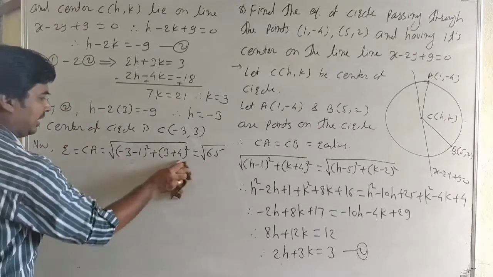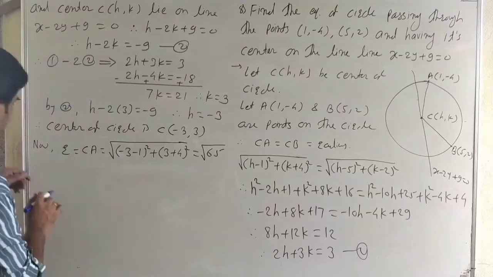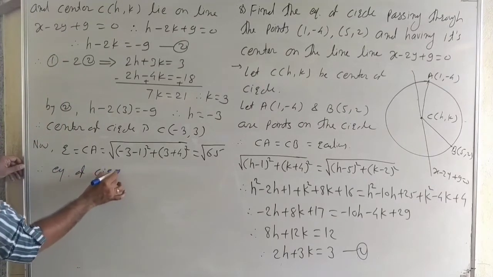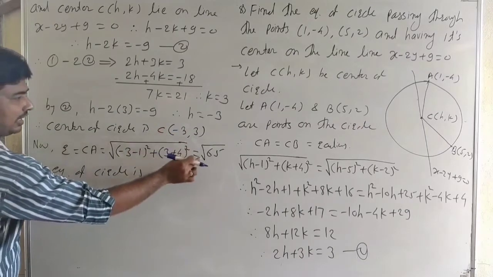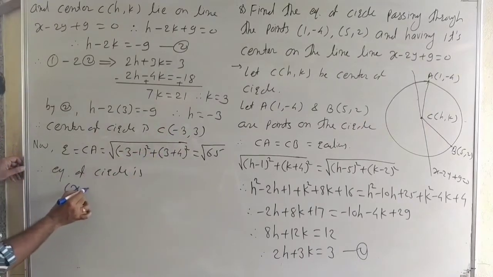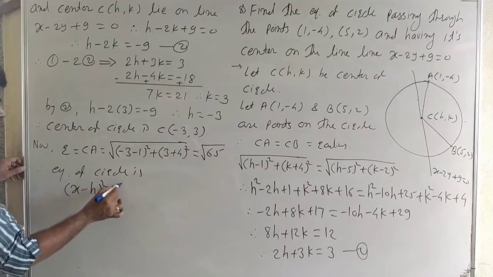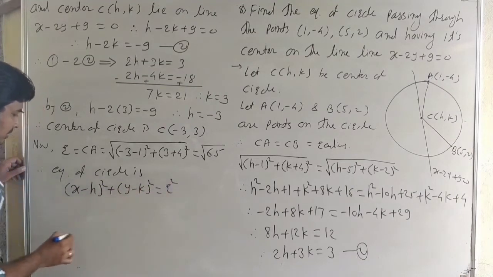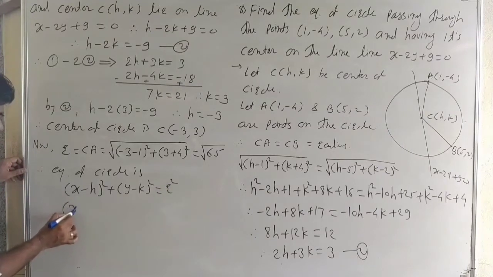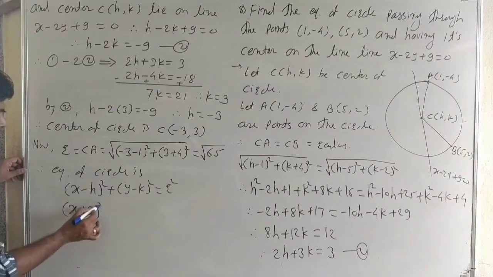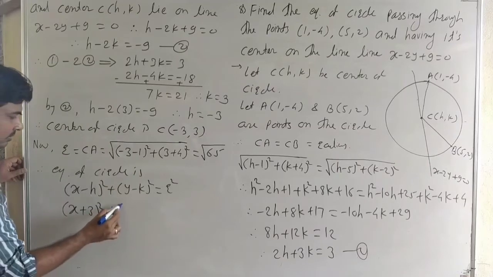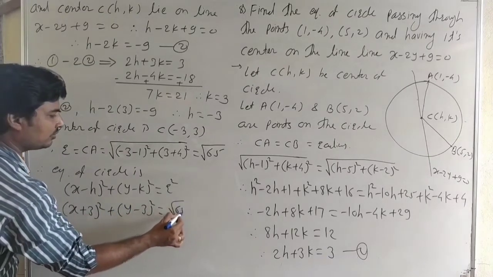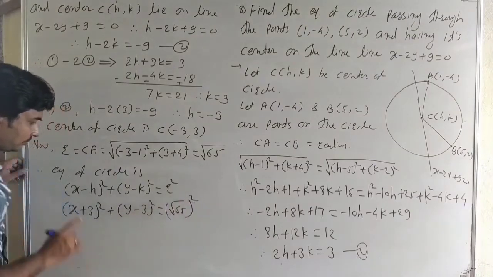And now the equation of circle with this center and radius: x minus h whole square plus y minus k whole square is equal to r square. Then x plus 3 whole square plus y minus 3 whole square is equal to root 65 whole square.